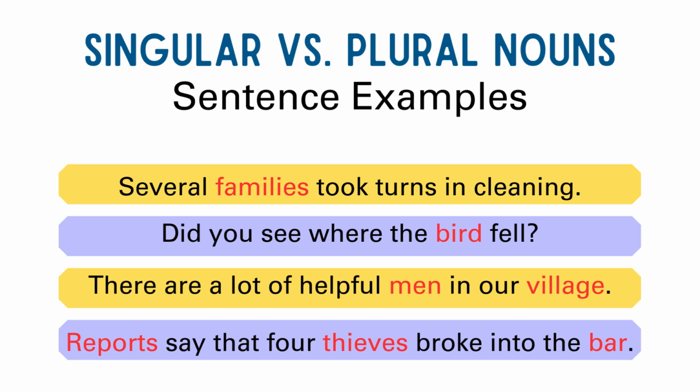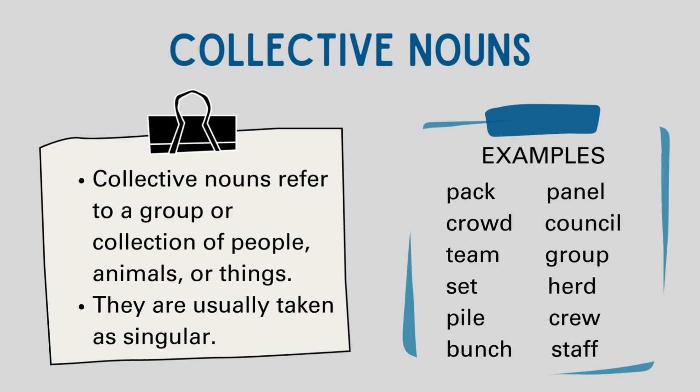Are there other words in the next few sentences that indicate that the noun is plural? Let's see. So the third sentence has a lot, and the last sentence specifies that there are 4 thieves. Yes? Okay, good.